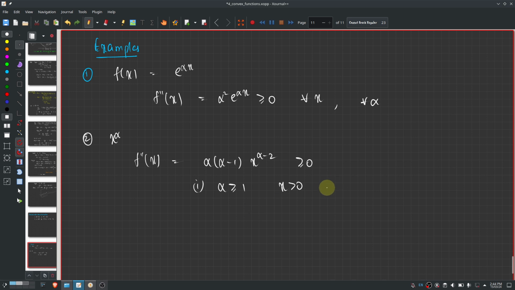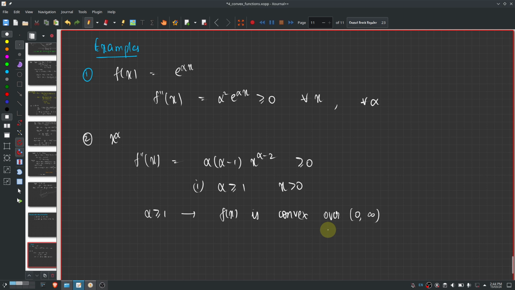So suppose I have alpha greater than or equal to 1, then f of x is convex over the positive region. Let's just stick to alpha greater than or equal to 1.